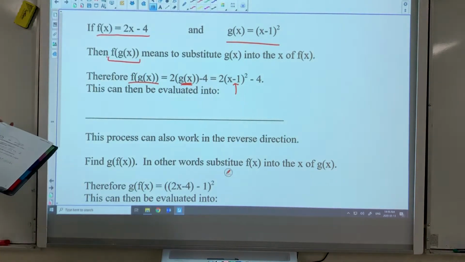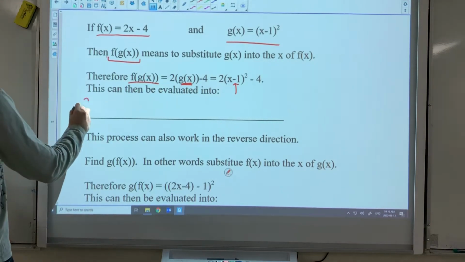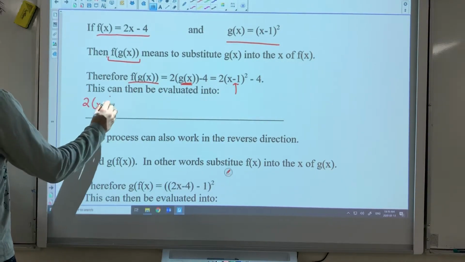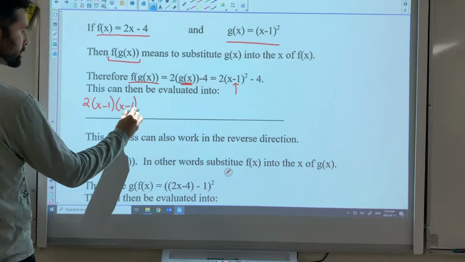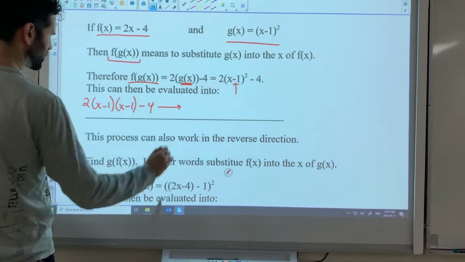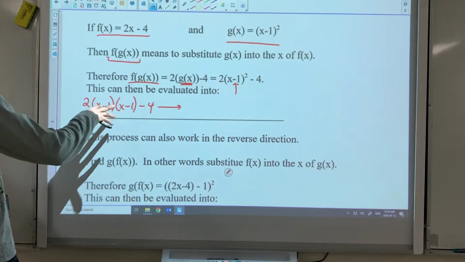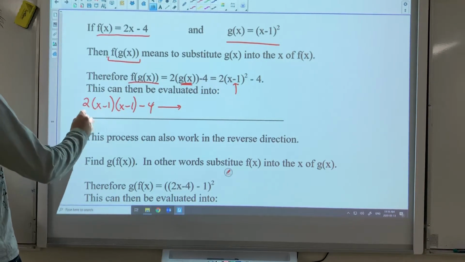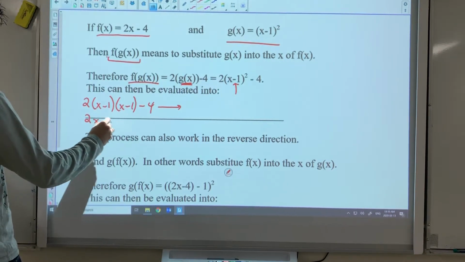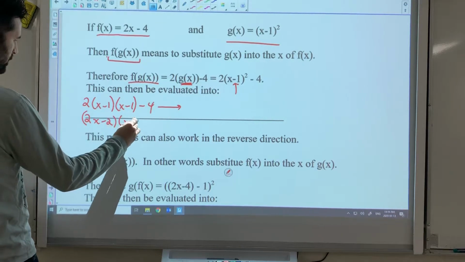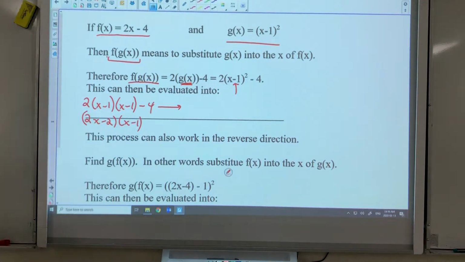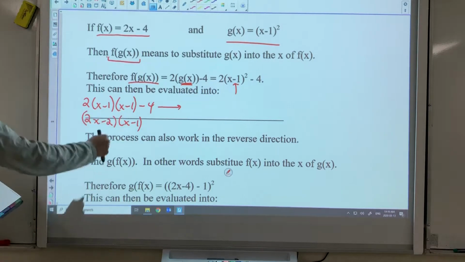You can expand it all out, all right? So we can go 2 times (x minus 1) squared, subtract 4, expand it all out, like FOIL that out. What would we get here? I'm just going to distribute the 2 into the brackets and then distribute it out. So I just distributed that 2 into the first set of brackets, and now I'm going to FOIL this out.